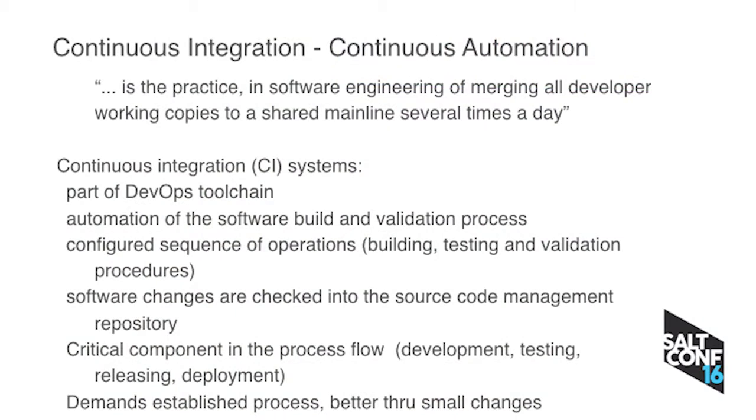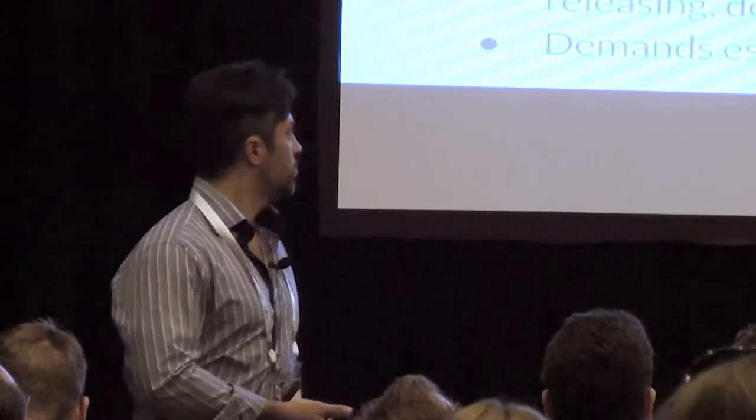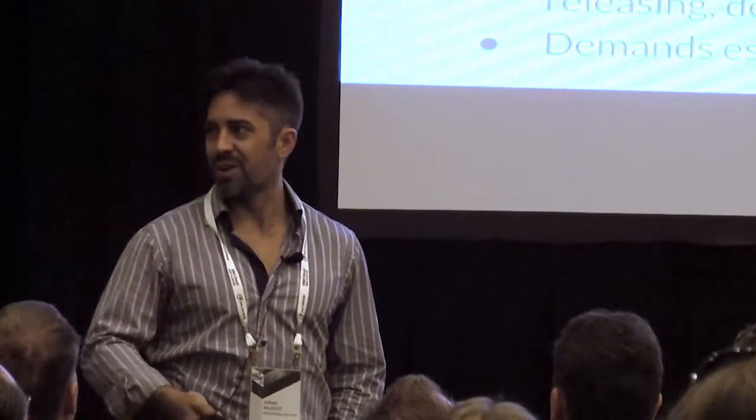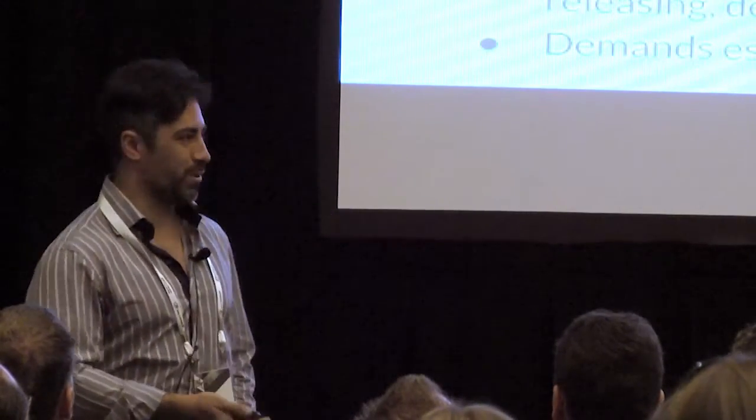So, what is continuous integration? Probably some of you know about it, some others don't. Continuous integration means to release code on a daily basis, daily or hourly or very frequently.